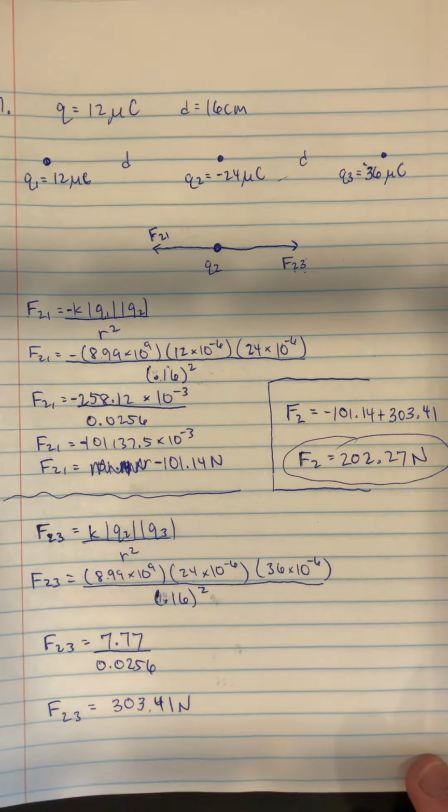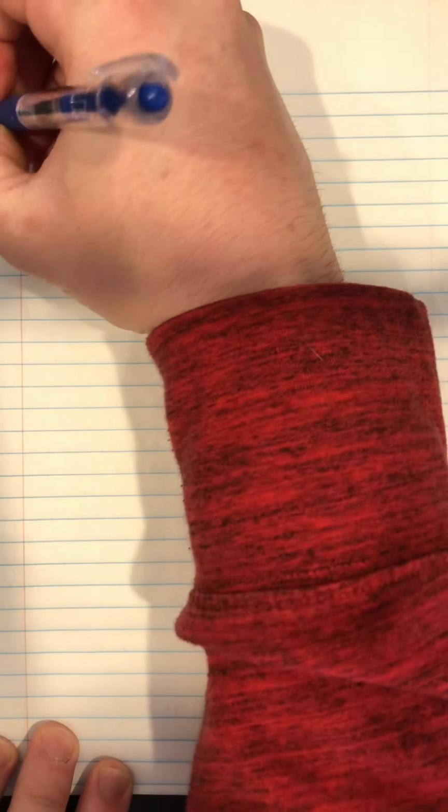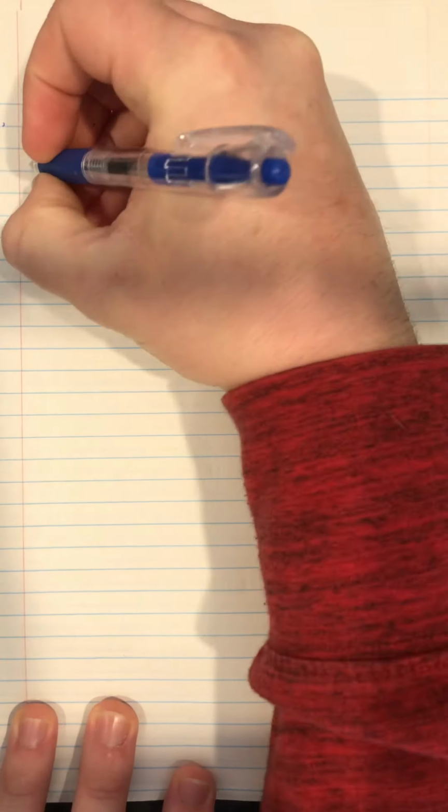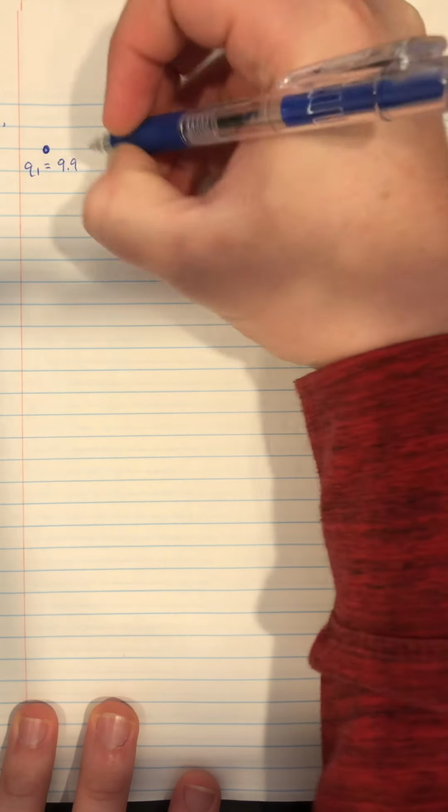All right, I think we got a couple left here. Yeah, 3 left. All right, so 32. We have 3-point charges that lie on the x-axis. Q1 is 9.9 at the origin, so let me make a little x-axis here. So our origin will be right here. This is Q1, which is 9.9 microcoulombs, positive.